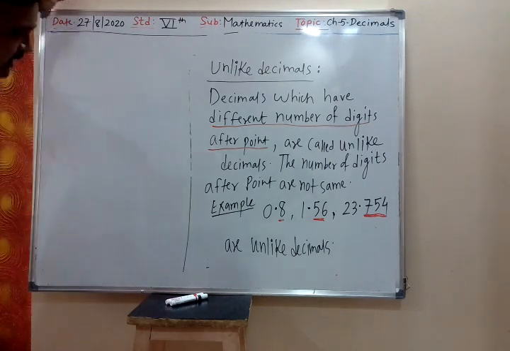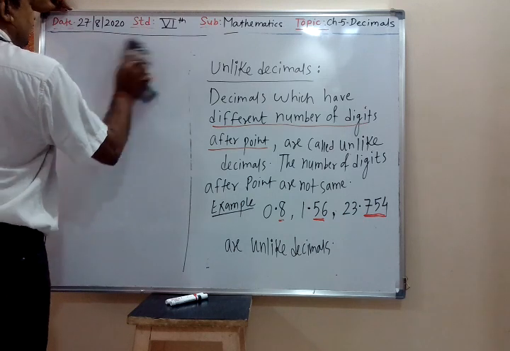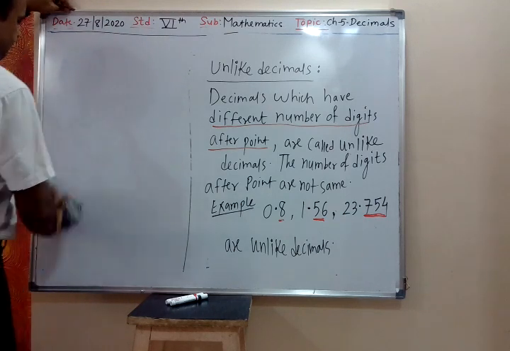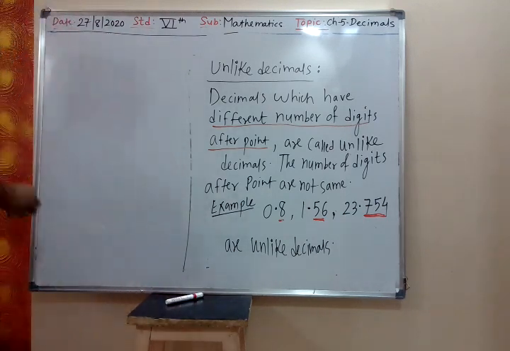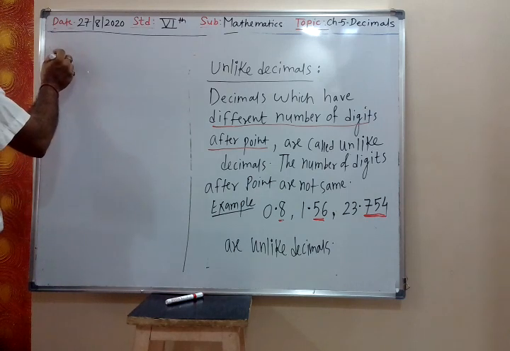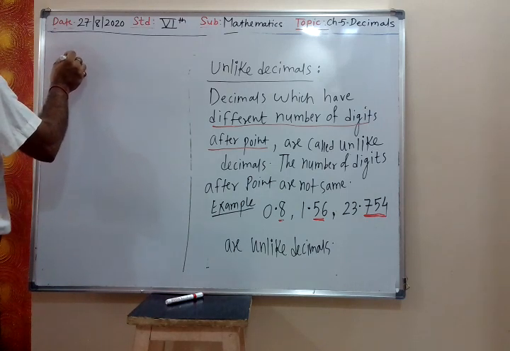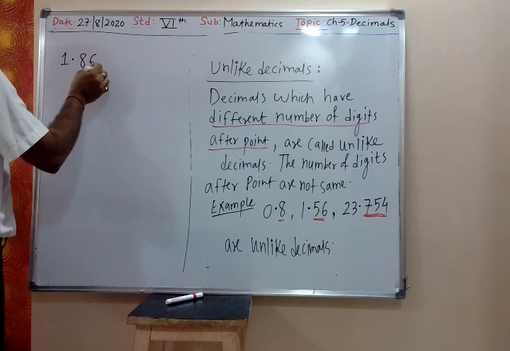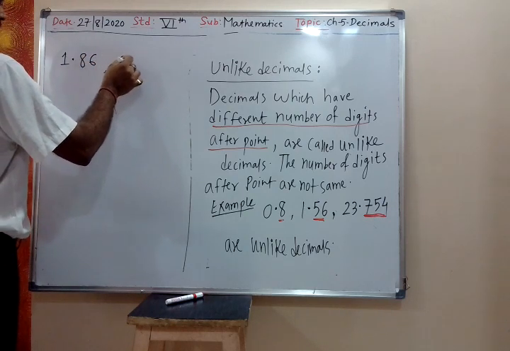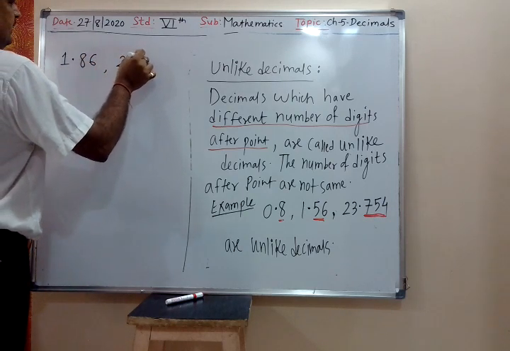Now let me explain. See here, for example, 1.86, then 2.78.